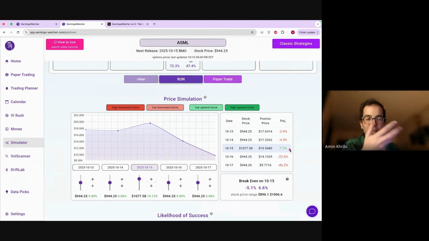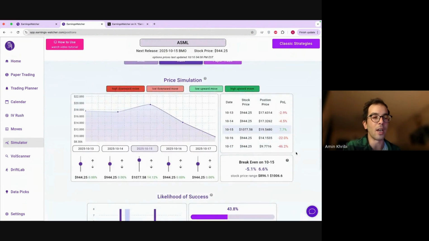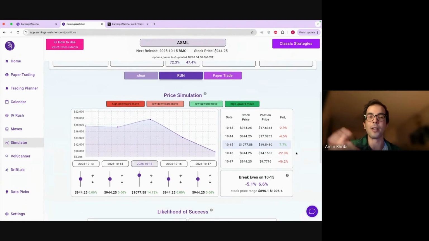So this just gives you an idea of how you can play earnings different ways, basically by combining different positions, and not all plays have to be either multi-baggers or lose 100%. You can also go for plays like this.